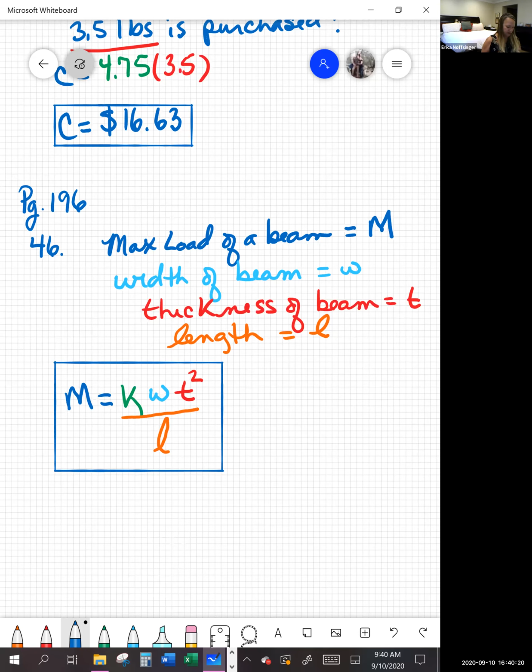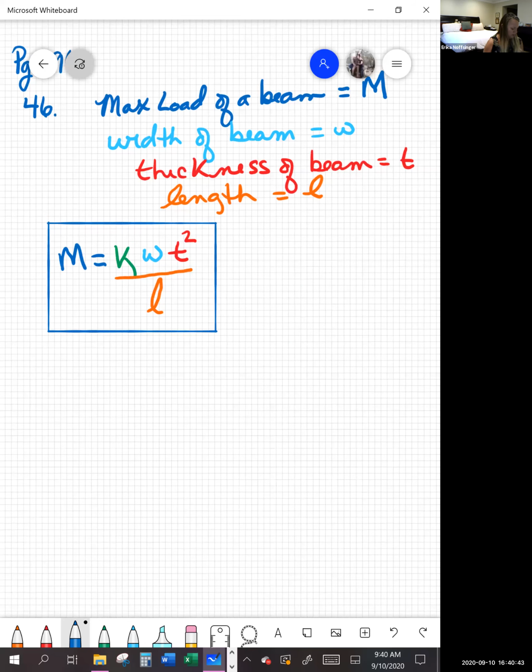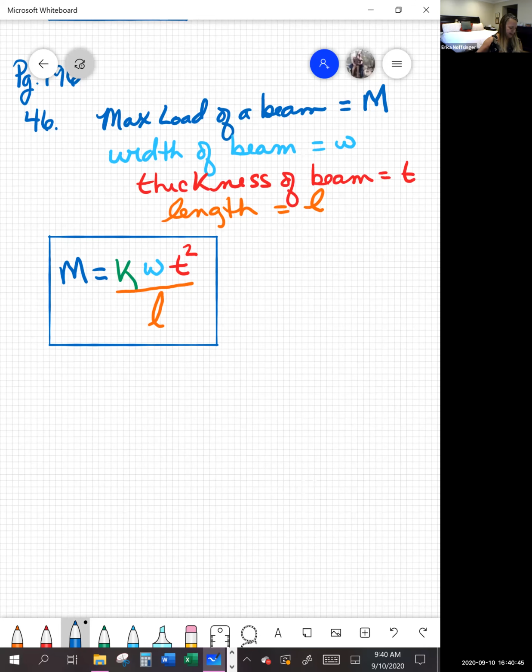Let's just read that one more time, make sure we set it up right. So the maximum safe load of a beam varies directly, equals K, with the width of the beam and the square of the thickness of the beam and inversely with the length. Okay, so given the following information, we're given that an 8-foot beam will support 750 pounds.